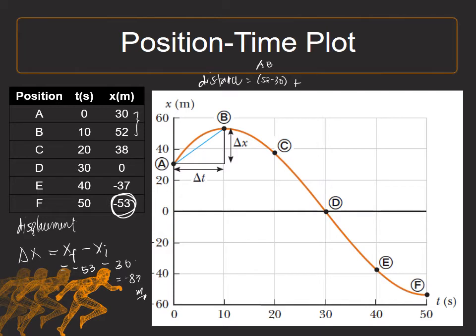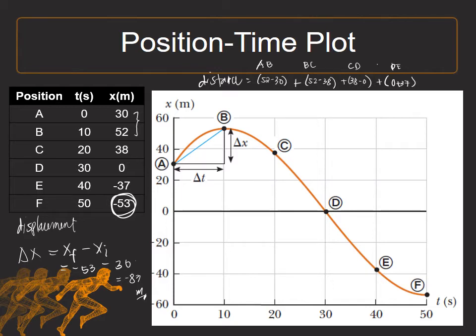plus B to C. That is 52 minus 38 plus C to D. That is 38 minus 0 plus D to E. D to E is 0 minus negative 37.